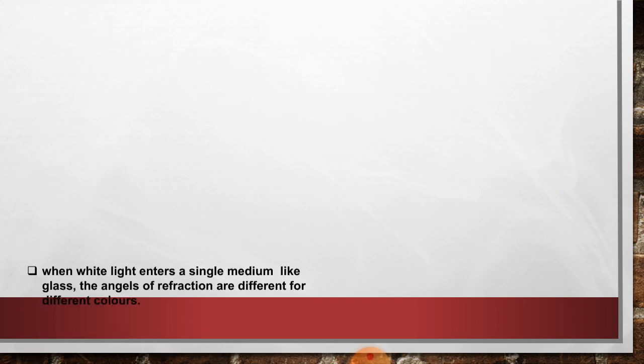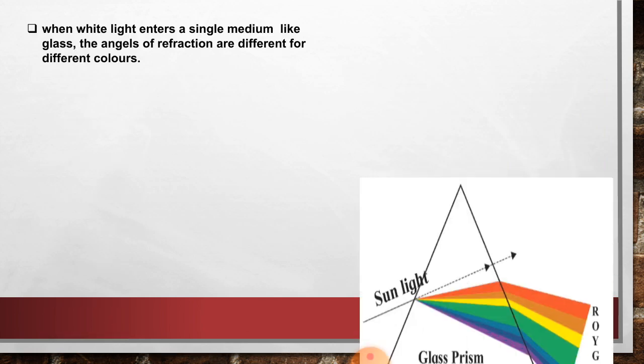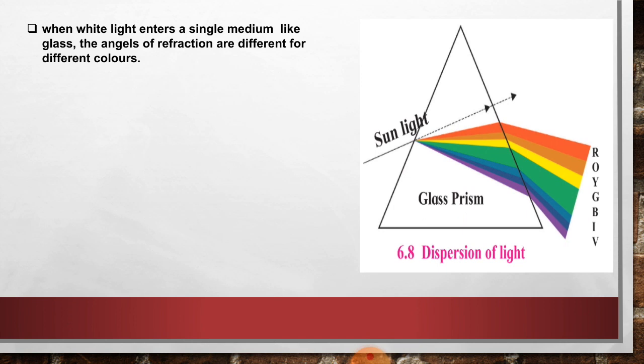So here there is one experiment that is given. This is called dispersion of light. What is that? It is very easy. Let's see. When white light enters a medium like glass, sunlight always has white light. We see the sunlight in different colors, but actually the sun has white light.